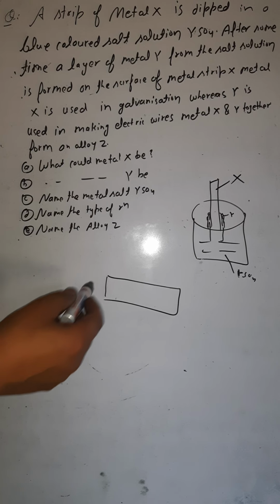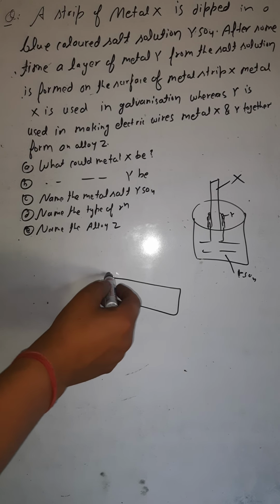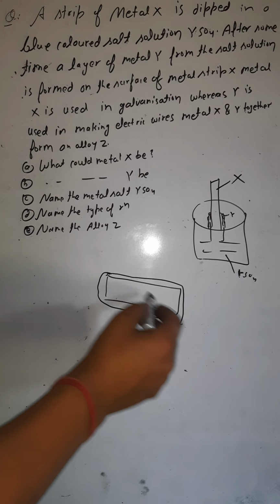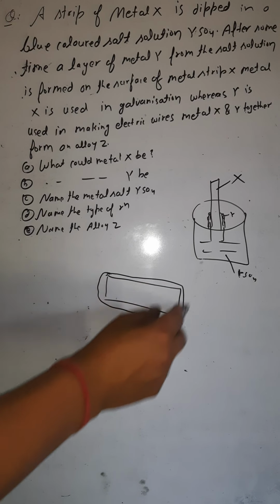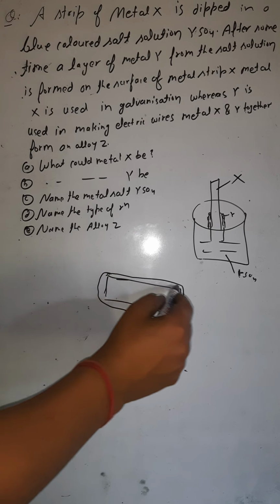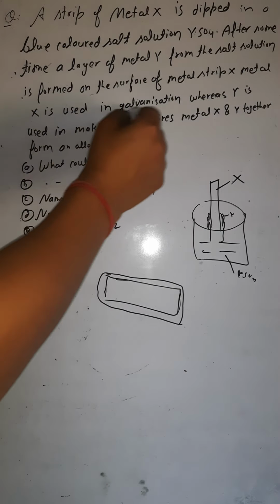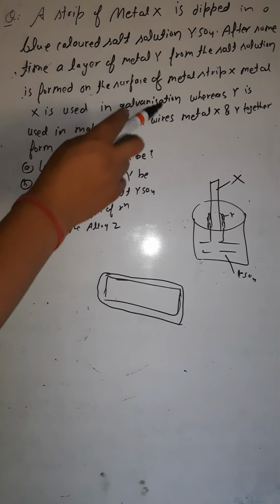Over this you just put a coating of zinc. By the coating of zinc, this steel could be protected, and this coating of zinc is known as galvanization. So here X is used in galvanization.